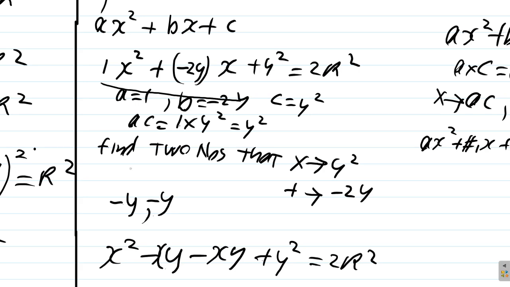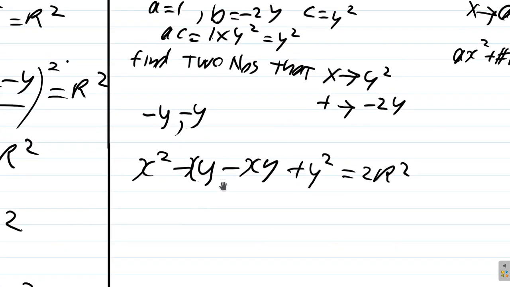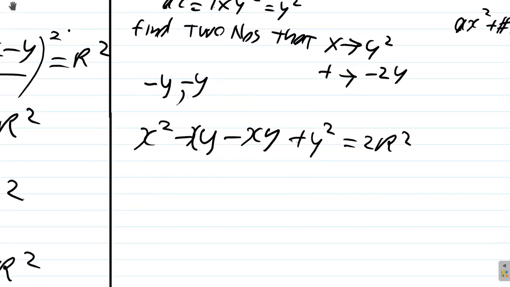Remember, this here is the equation, which is a repeat of this equation. It's the same equation, alright? So this is what I have. Then you factorize them in groups. x outside this bracket, x minus y inside the bracket, minus x outside this bracket, and then minus y.